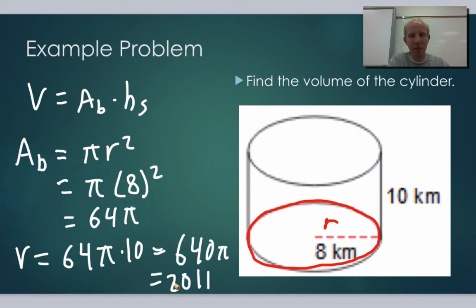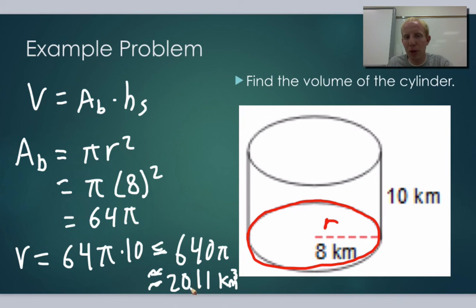Not exactly, but about 2011. This would be our exact answer right here, and this would be our approximate answer. Last thing is to check on units. In this case, it's kilometers, so our units better be cubic kilometers. And there we go. That's the volume of that cylinder.